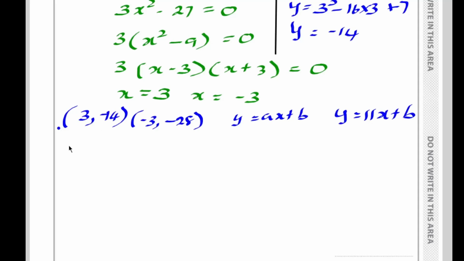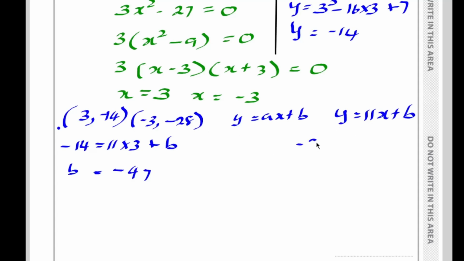So I'm going to substitute when the coordinates are 3 comma minus 14. So minus 14 equals 11 into 3 plus b. Then b equals minus 47.